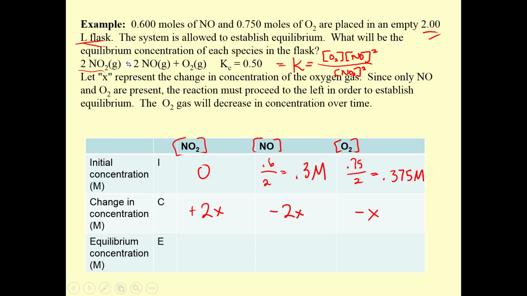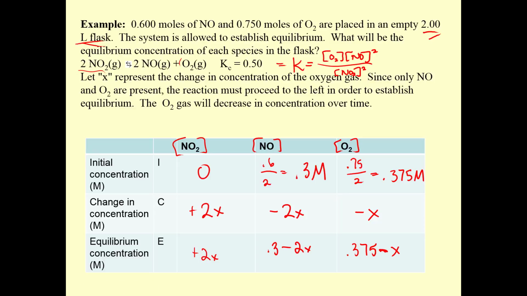So that's a minus x. All right, so that's going to be the change. So the change has to do with the coefficients because it's a ratio. Right? At equilibrium, we have 2x of that. We're going to have 0.3 molar minus 2x of that. And we're going to have 0.375 molar minus x of it.